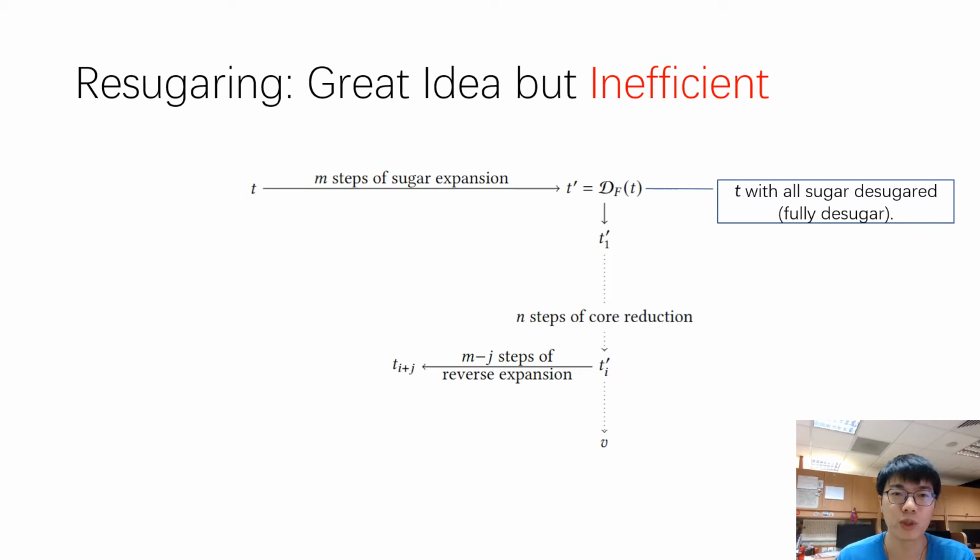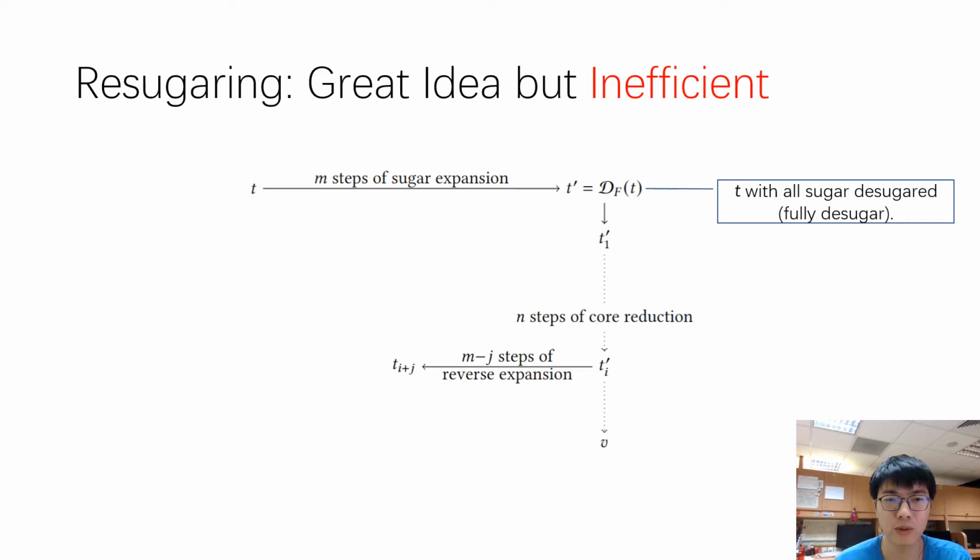Well, the resugaring is really a great idea to solve the problem, but I find a possible issue that makes it impractical. See the illustration here. Assuming there are m steps of sugar expansion and n steps of core reduction by the traditional execution of term t, there can be O(mn) steps of reverse expansion in complexity.